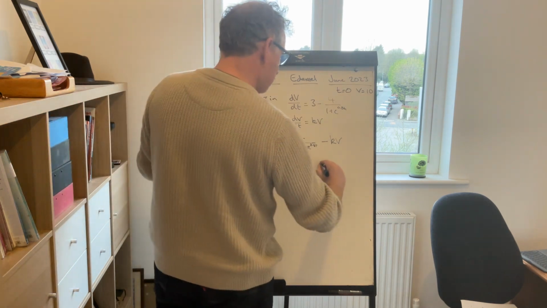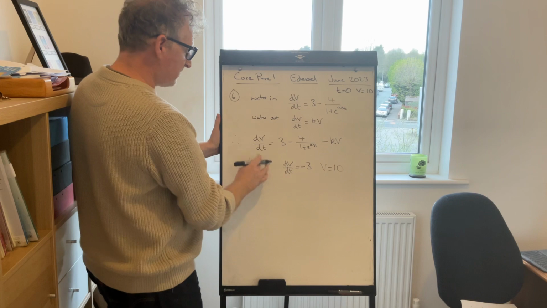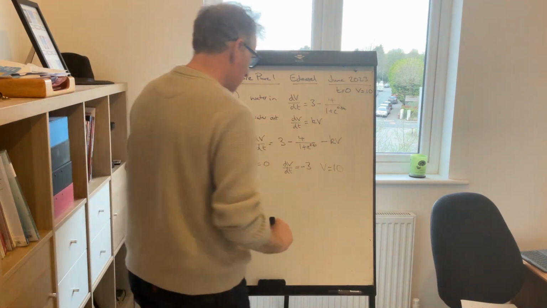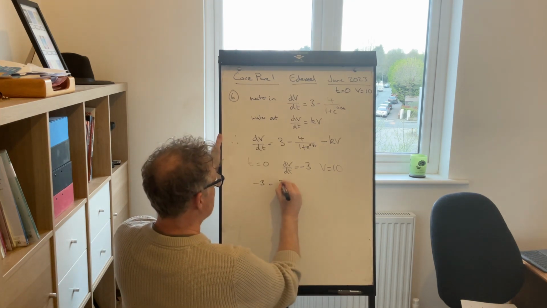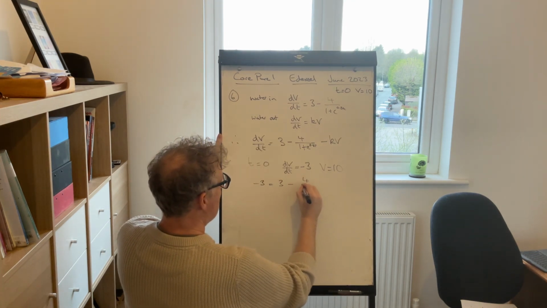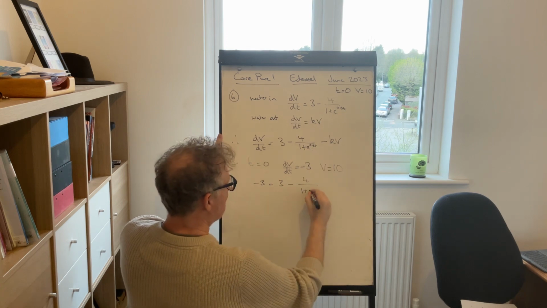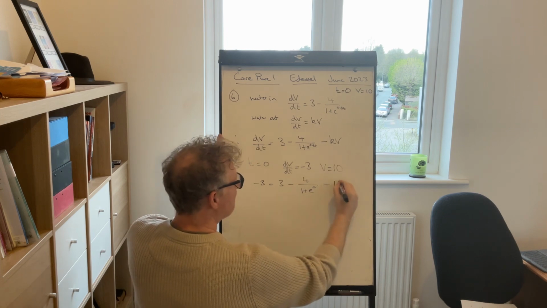So I'll put that over there as well, because we're going to need that. So we're going to just plug those numbers in specifically to work out that constant. So if we plug those numbers in there, we get minus 3 equals 3 minus 4 over 1 plus e to the 0.8t, so that's e to the 0, which is obviously 1, minus kV, so minus 10k.